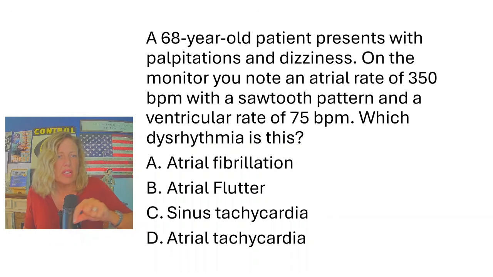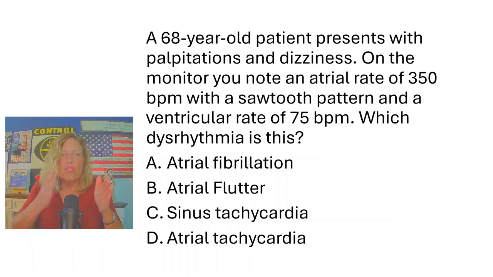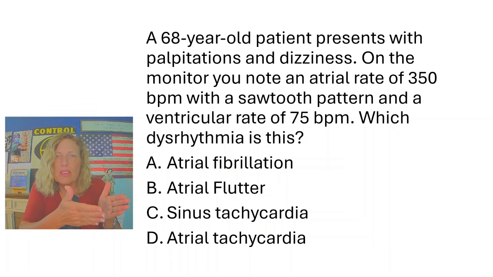Atrial tachycardia, if it says tachycardia, that means the rate itself is fast. So atrial tachycardia means the heart rate is very fast, so we'd have to have a higher ventricular rate than 75. The first word of the rhythm tells you where the electrical impulse is starting.